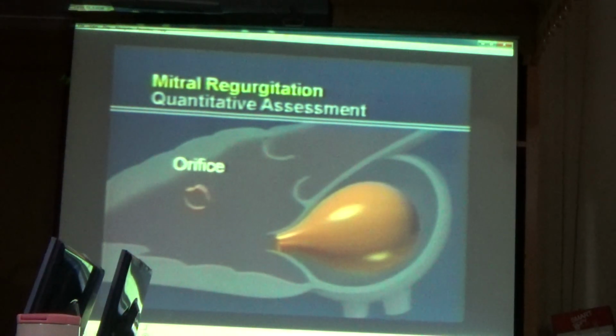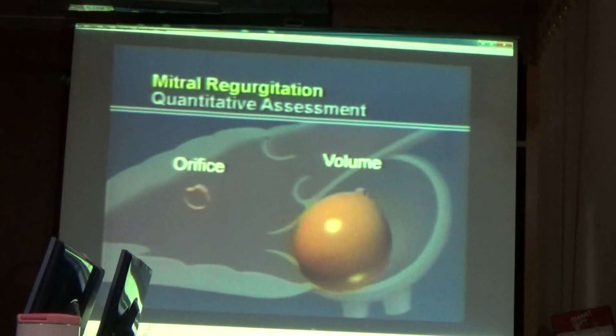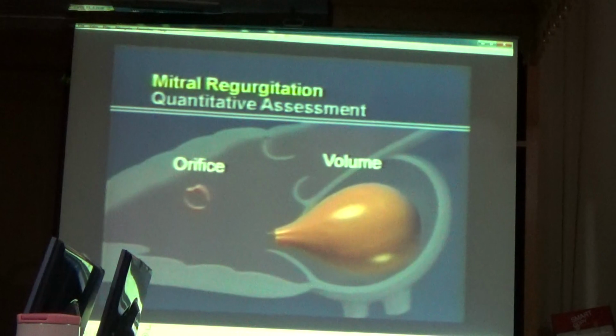What's the orifice area? And secondly, what is the volume of blood regurgitating back into a chamber, whether it's aortic regurgitation or mitral? And it's a three-dimensional problem. It's not simply a tomographic view of eccentric or central jet. So we're going to try to calculate orifice area and volume as a means of expressing severity.